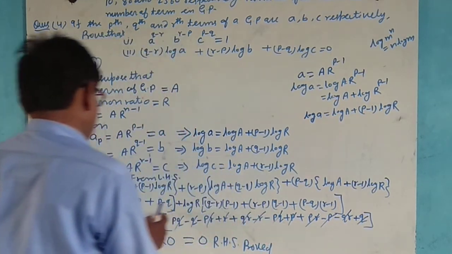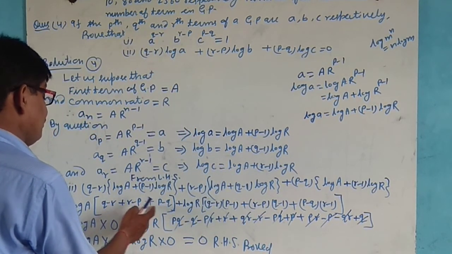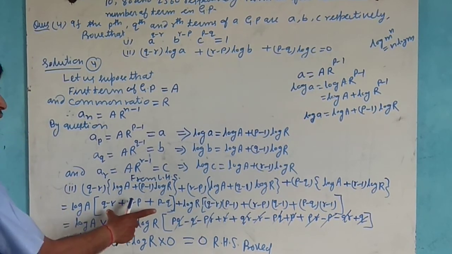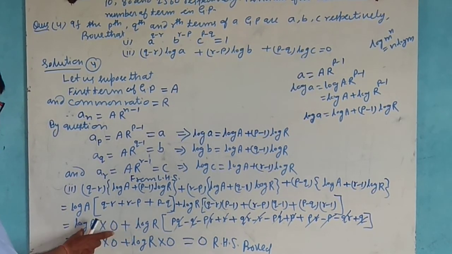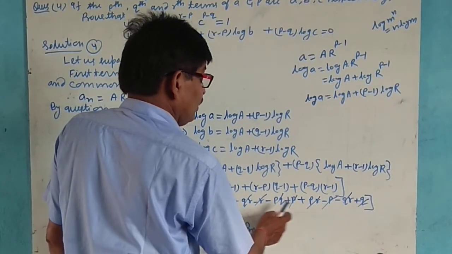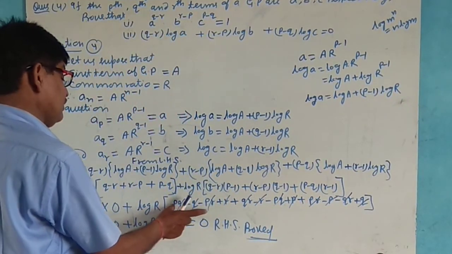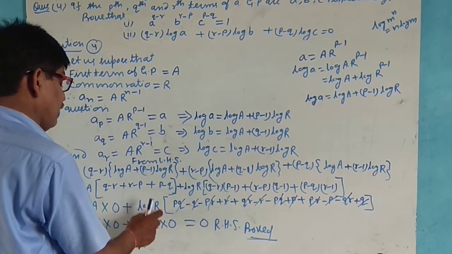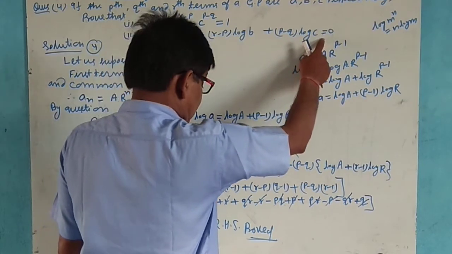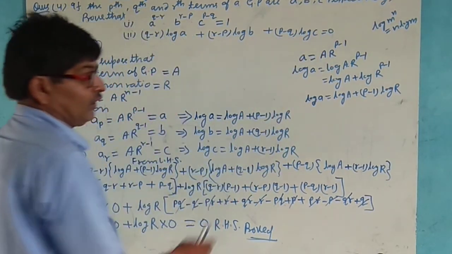After that, q, p cancel, so this becomes 0, and this also cancels, so log R into 0 is equal to 0, so we get the right hand side.